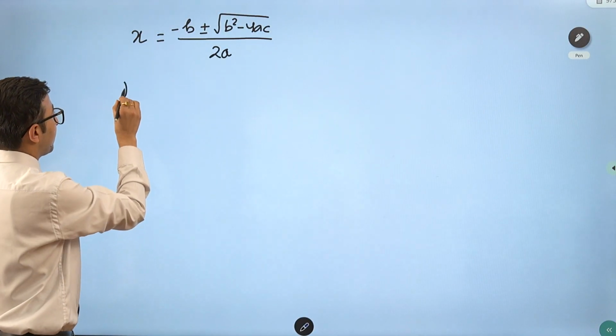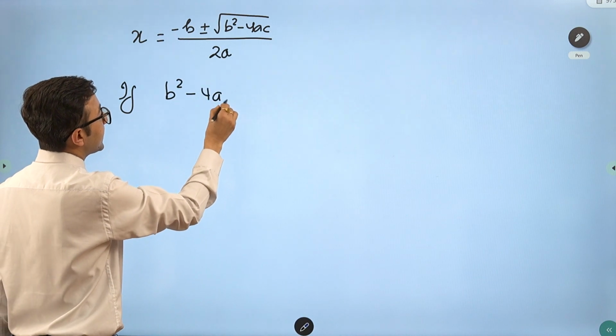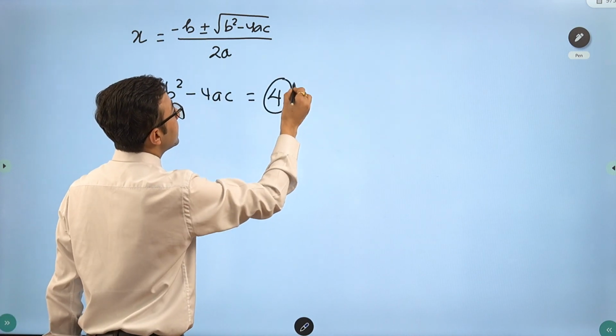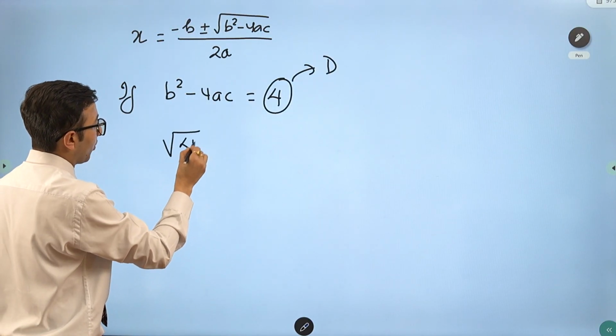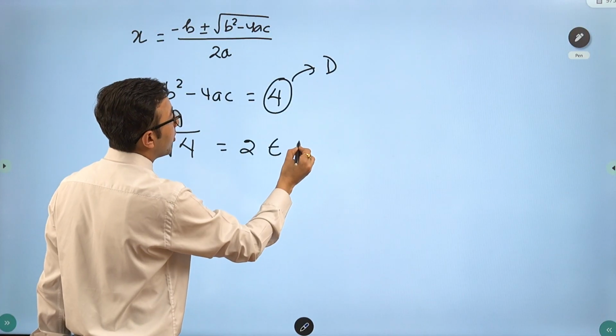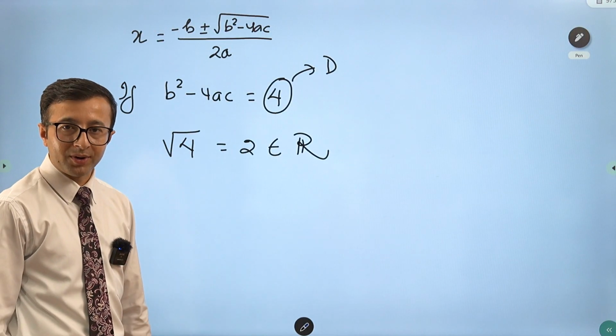Suppose b square minus 4ac, inside the square root, has the value 4, that means the value of d is 4. Then the square root of 4 will give us 2, and that 2 belongs to the set of real numbers. That means 2 is a real number.